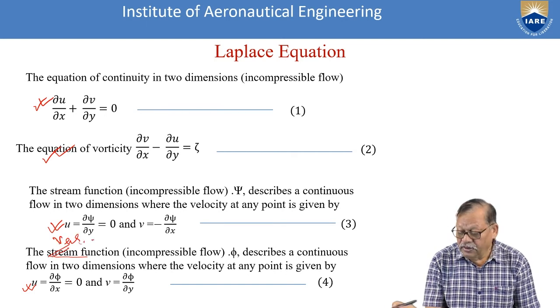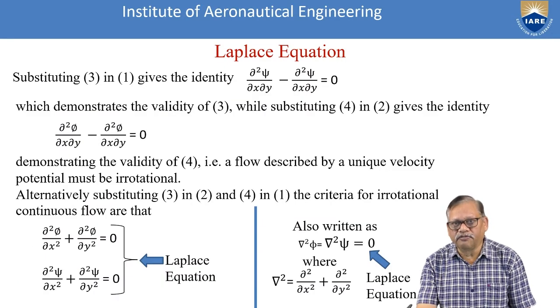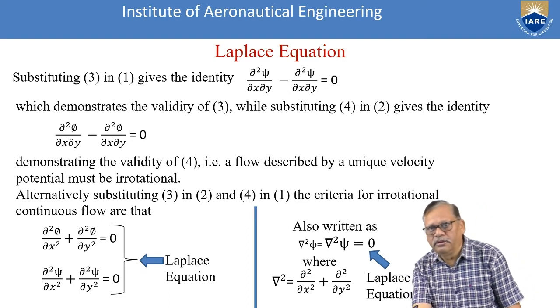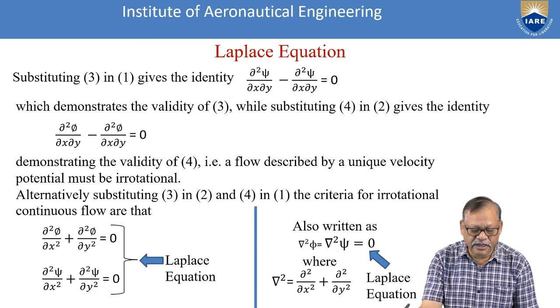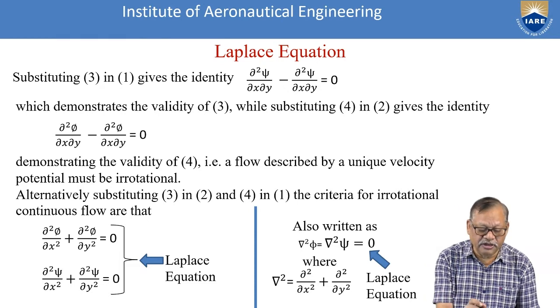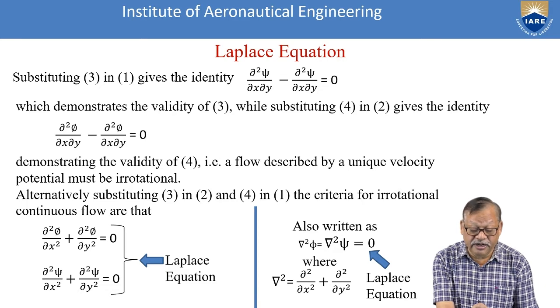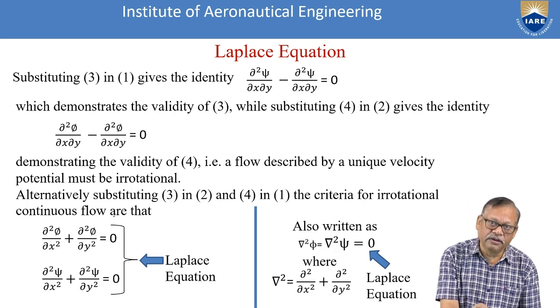With this, if we look at it, what we will get? Dou square phi by dou x dou y minus dou square phi by dou x dou y equal to 0. Now, demonstrating the validity of 4, the flow described by the unique velocity potential must be irrotational.